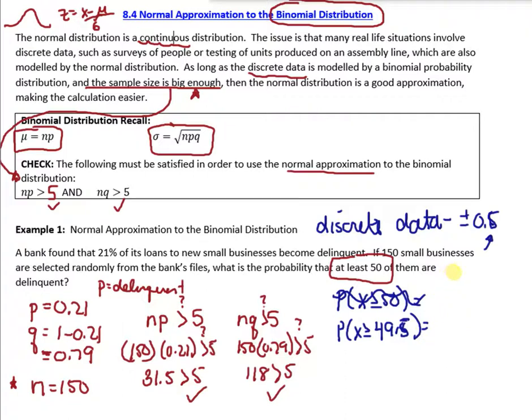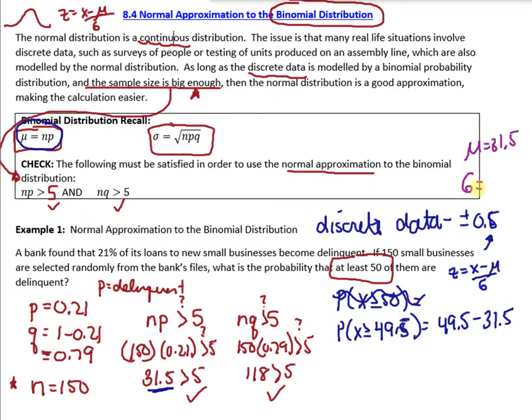Now, we have z equals x minus mu over sigma. Our x is 49.5. Our mu, we know from up here, equals np, which we solved as 31.5.